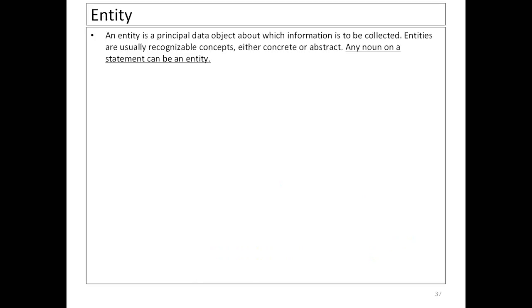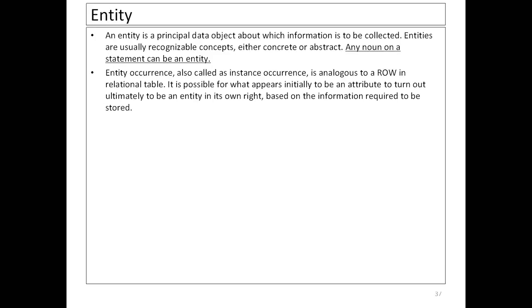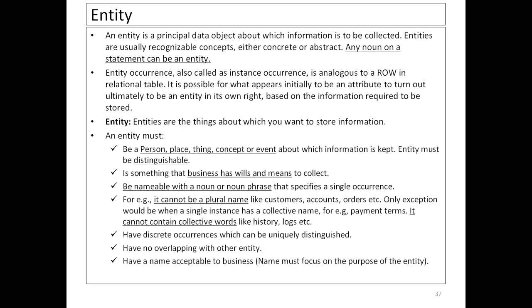An entity is a principal object or a data object about which information is to be collected. An entity could be a noun phrase or a noun itself within a particular business statement. It can be a person, place, thing, concept, or an event about which the business wants to collect information.